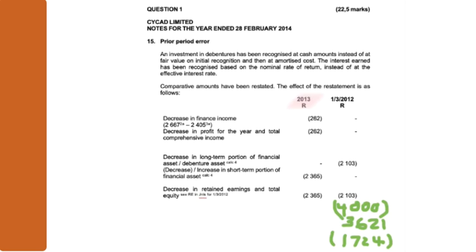Now we can show both the SPLOCI items as well as the SFP items because in our comparative year, on the face of those financial statements, you will see SPLOCI items and statement of financial position items.